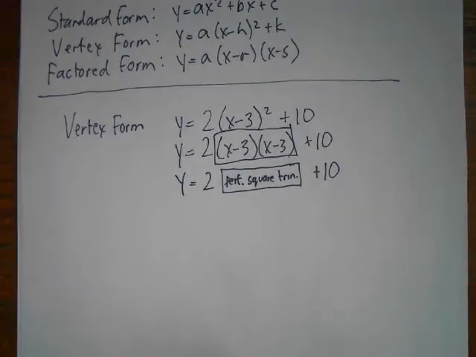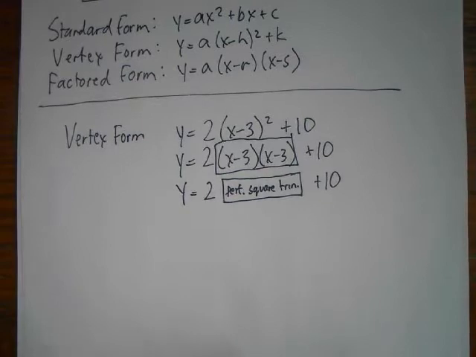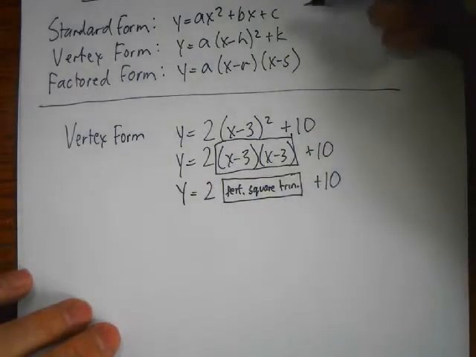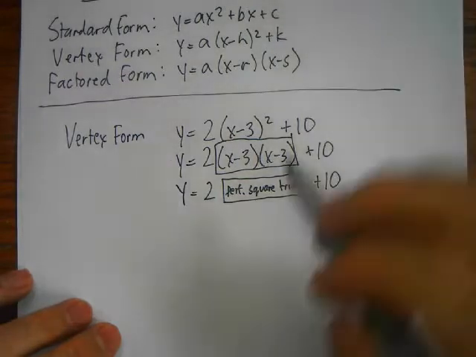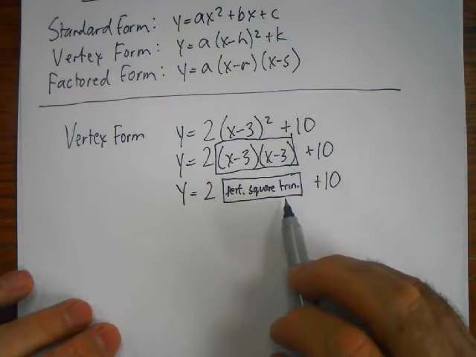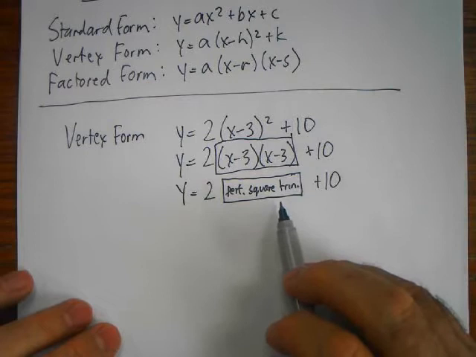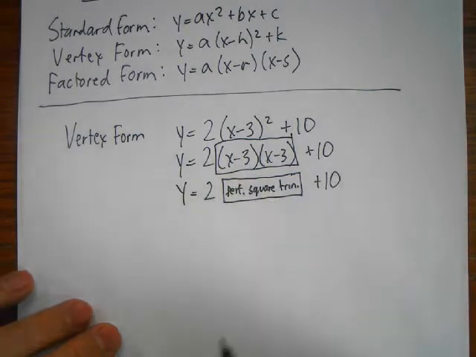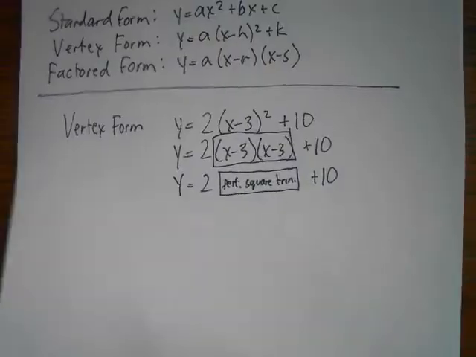When we go backwards and start with standard form, we're actually going to create a perfect square trinomial, and that's basically what the phrase completing the square means. So we're going to complete the square to make this into a perfect square trinomial.